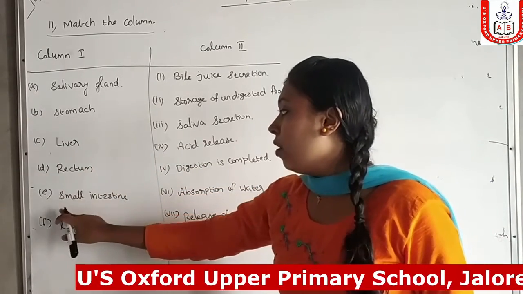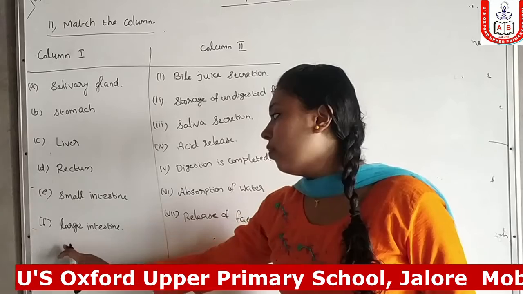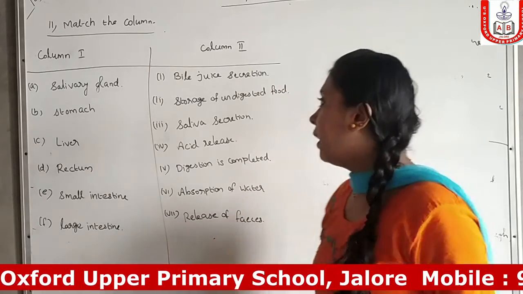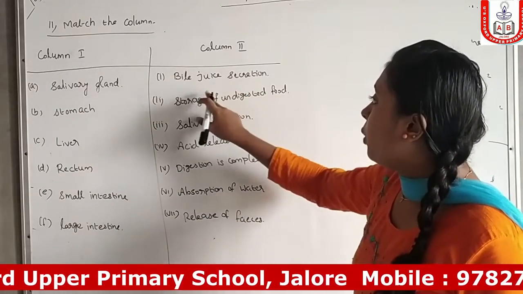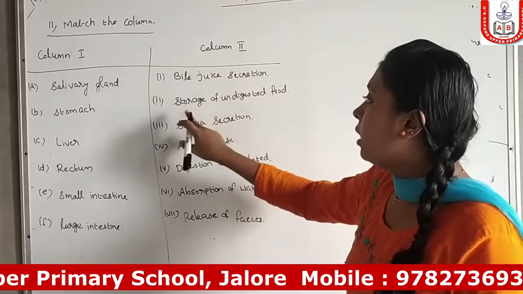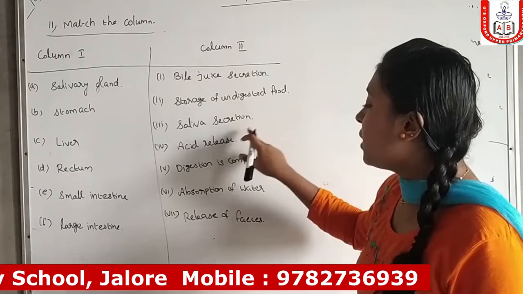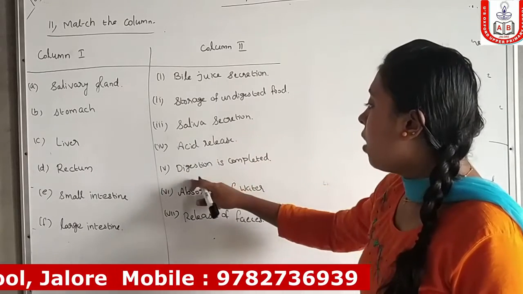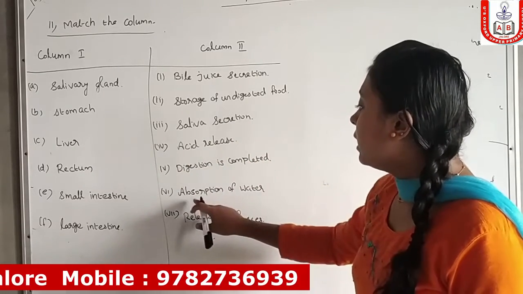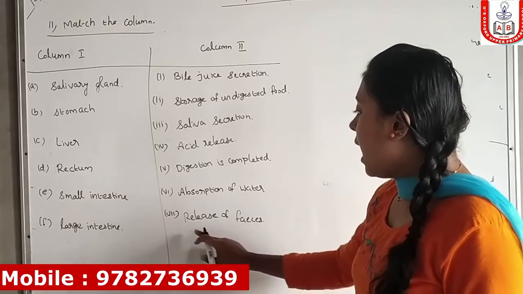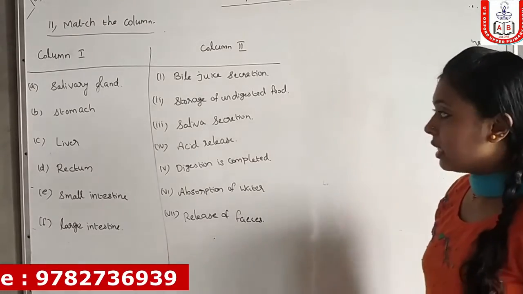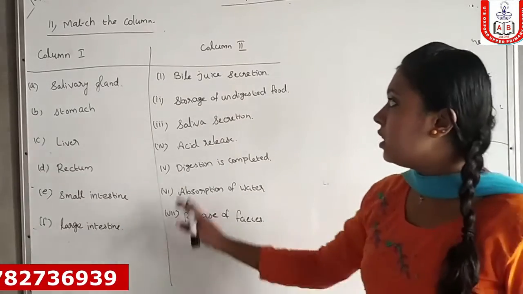Fourth, rectum. Fifth, small intestine. And sixth, large intestine. In column 2, first one, bile juice secretion. Second, storage of undigested food. Third, saliva secretion. 4, acid release. 5, digestion is completed. 6, absorption of water. And 7, release of faeces. So we want to match these columns together.